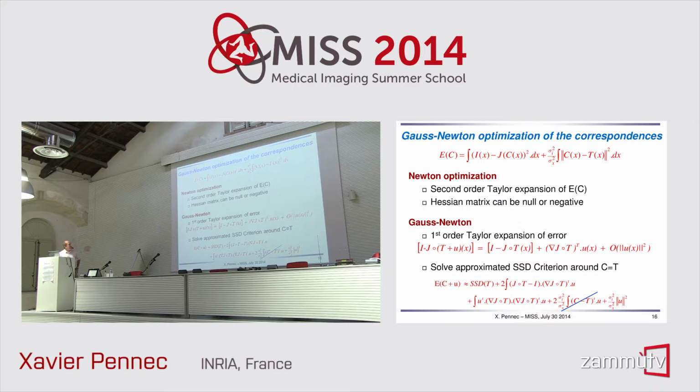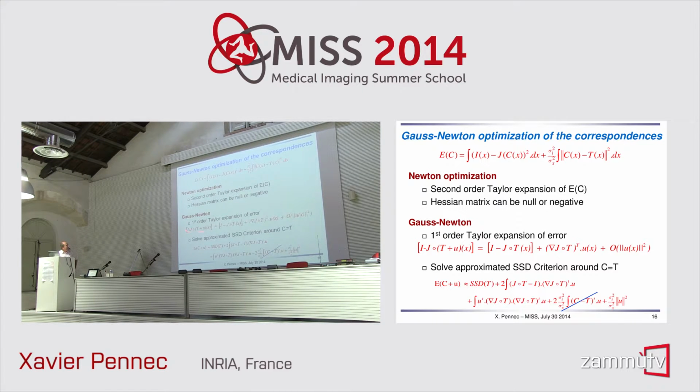So what we can do instead is to take this criterion here. This is the error at each point, and we're going to do a first order Taylor expansion, right? So this is basically how we can write things. So this is the error between the two intensities. Then we have the gradient, which is related to the displacement that we're looking at, okay?